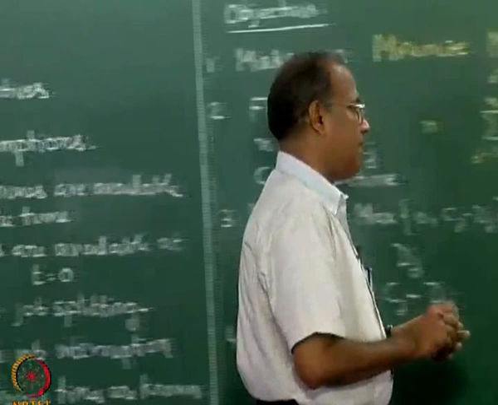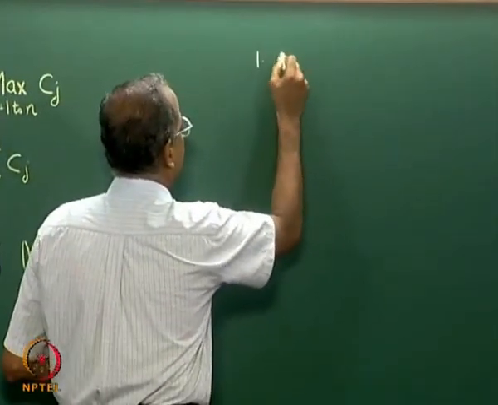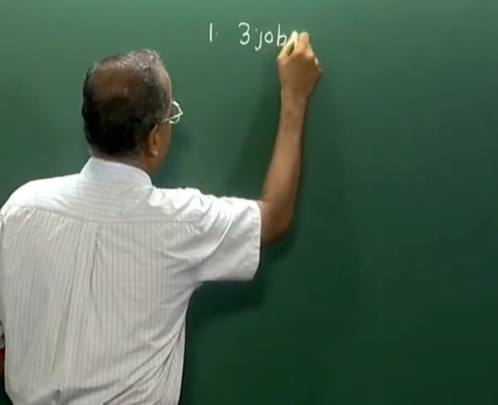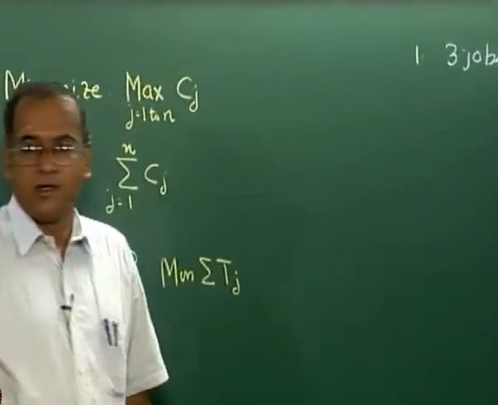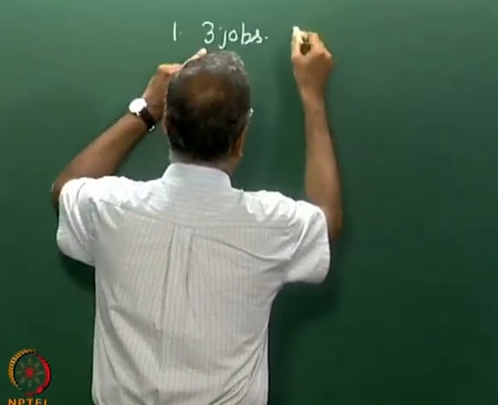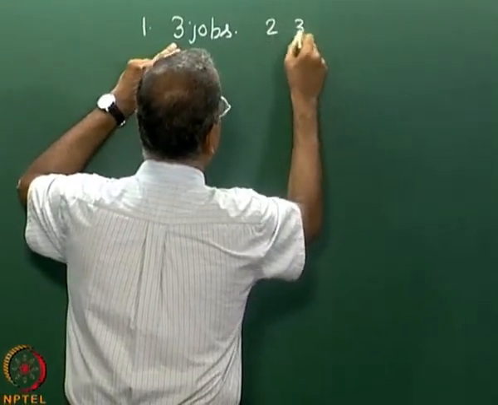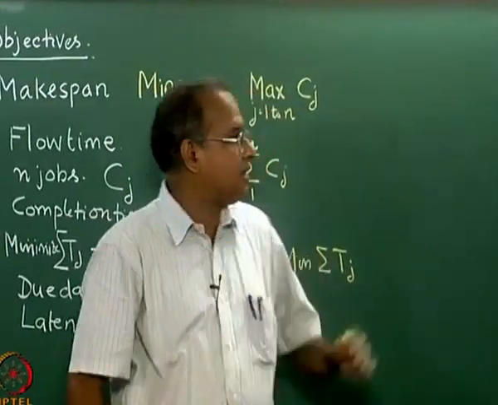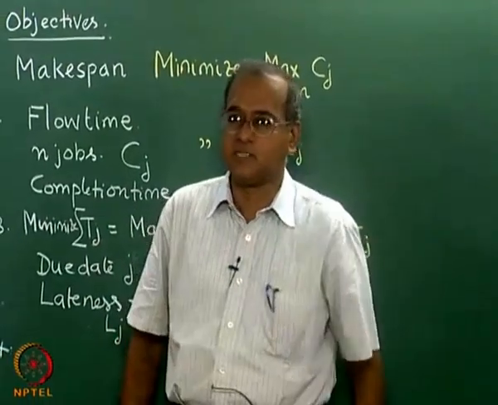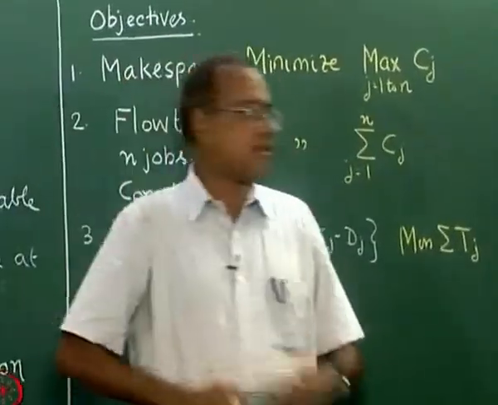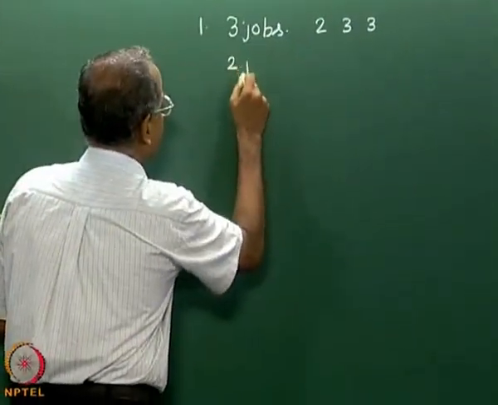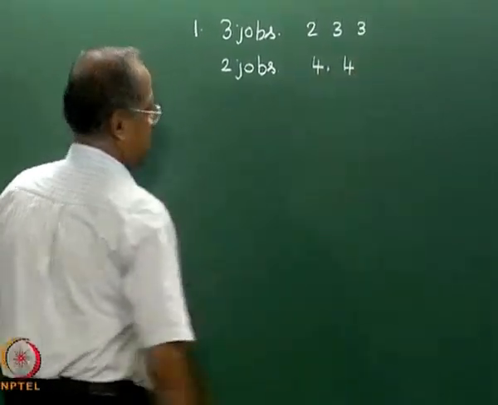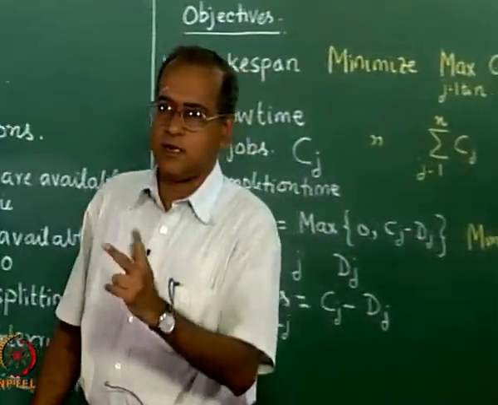One situation where there are 3 jobs that are tardy, and the tardiness values are 2, 3 and 3, which means they are behind by, let us say, 2 days, 3 days and 3 days respectively. There is another situation where there are 2 jobs that are tardy. Let us say the situation is 4 and 4. The 2 jobs both are 4 and 4.